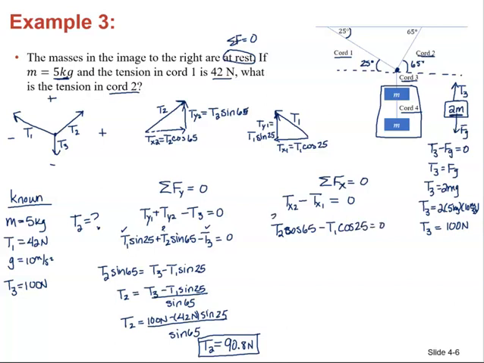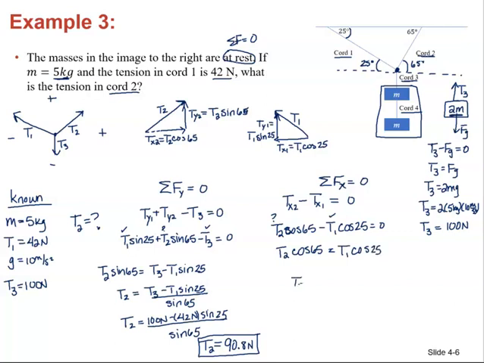Well, here we're looking for T2. We know T1. We don't even need all the rest of this stuff. We don't need T3. We could have just solved our equation with this formula. So T2 cosine 65 is equal to T1 cosine 25.